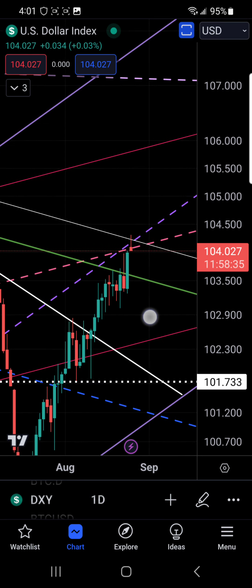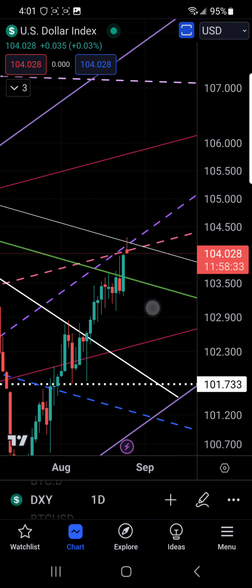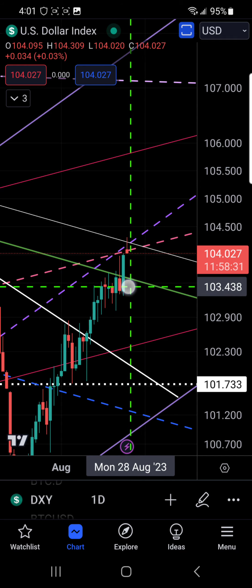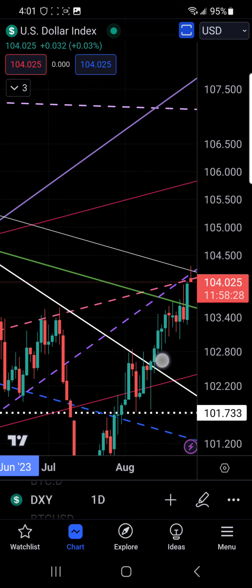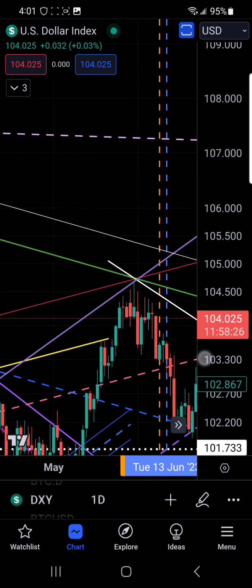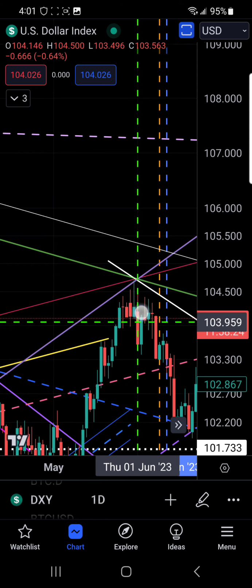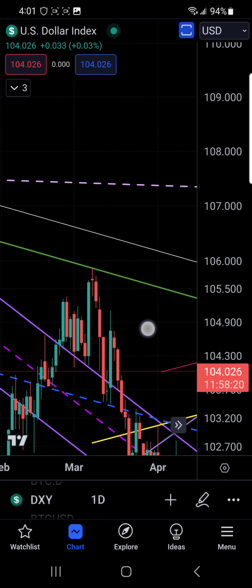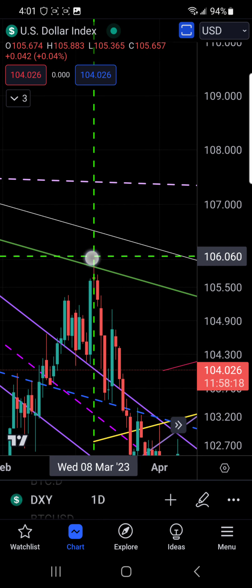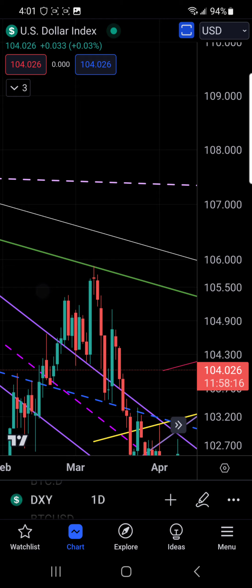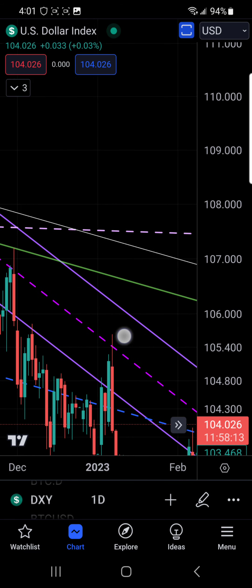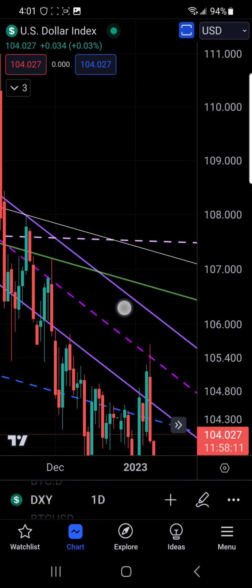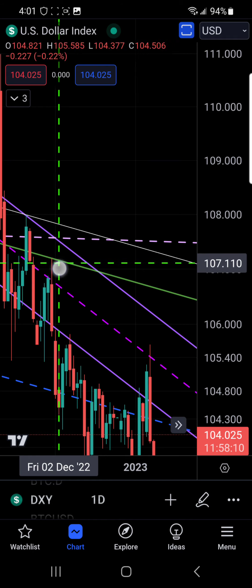So the green line is the neckline and the top of the channel. As you can see here, there's a contact point there. Another contact point there. That is the top of our channel, and another contact point here.